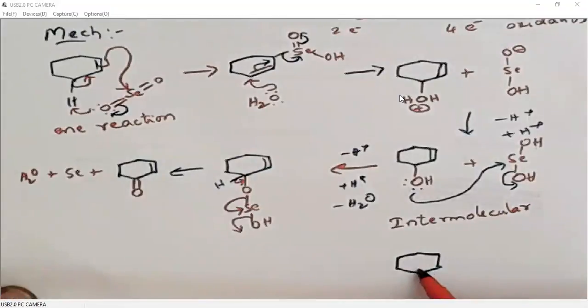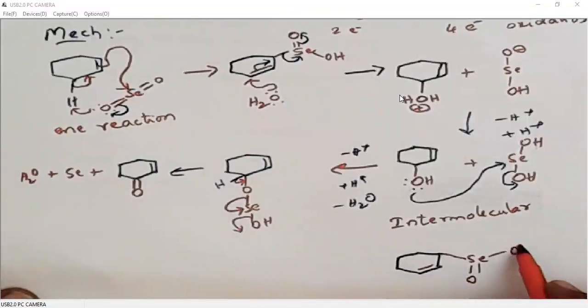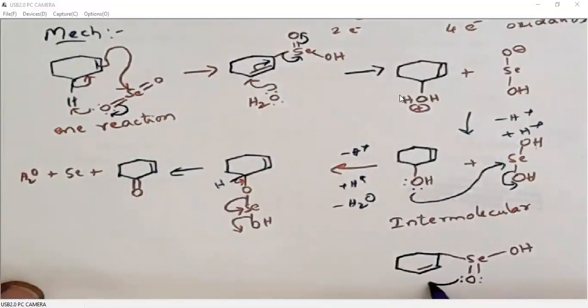Yeah, when we have this selenium, oxygen, OH, then this oxygen will attack here. The double bond will migrate like this. Then the carbon selenium bonding electrons will be polarized to selenium. Selenium is in +4 oxidation state, so it takes the 2 electrons and becomes selenium 2. Because oxygen is donating electrons, oxygen will get a positive charge. To nullify the positive charge, we can polarize this double bond towards oxygen.